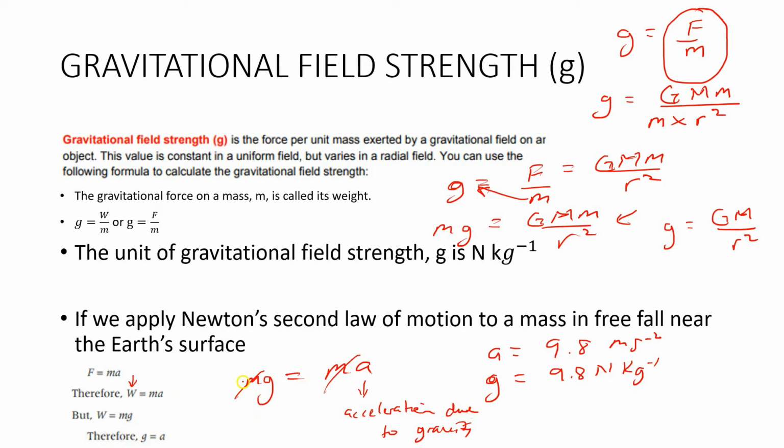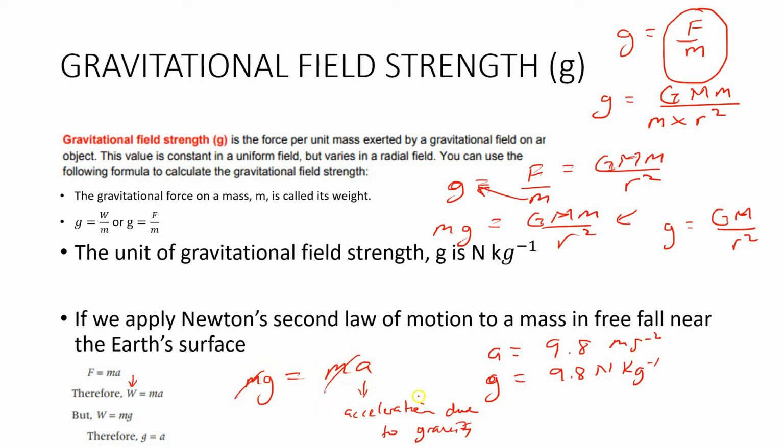Because the weight of the object is equal to the force the object has coming downwards, by equating both things, both m's would cancel out, leaving you to say that g is equal to a.